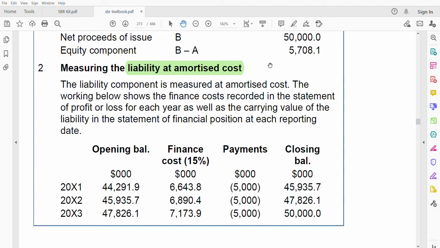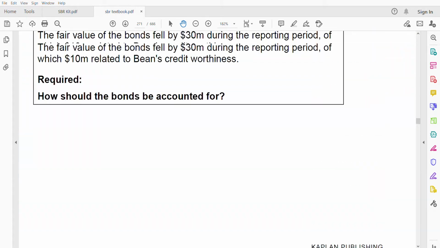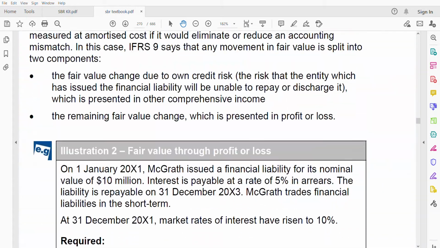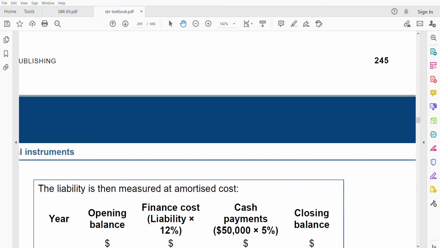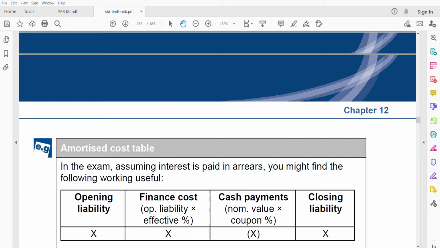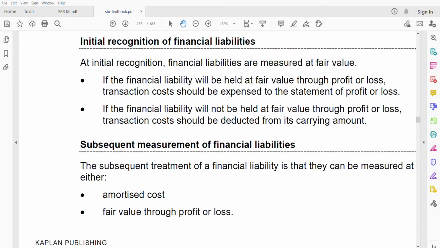amortized cost, isn't it? Remember, we did this yesterday. Your subsequent measurement, you see?